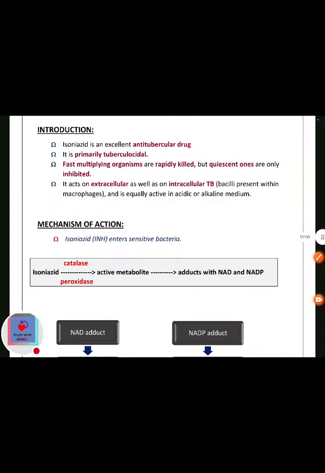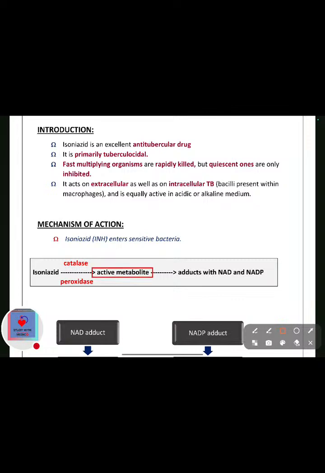If you see here carefully, isoniazid is converted into an active metabolite, and it adducts with NAD and NADP.